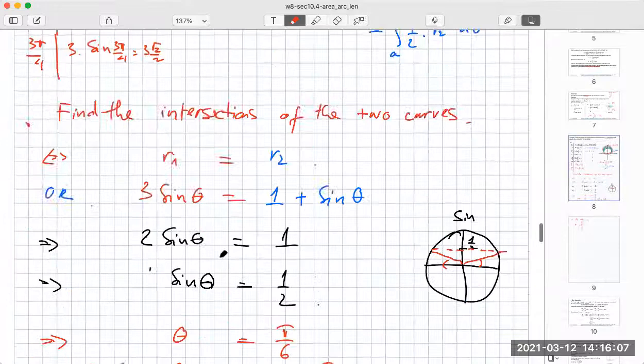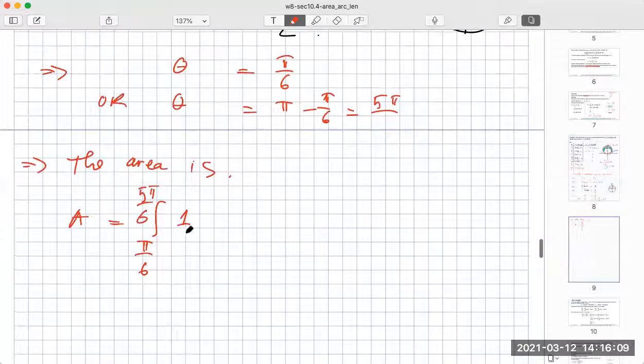The red curve here, which is 1/2 of r squared, and r squared in this case is 3 sine theta squared d theta, right?